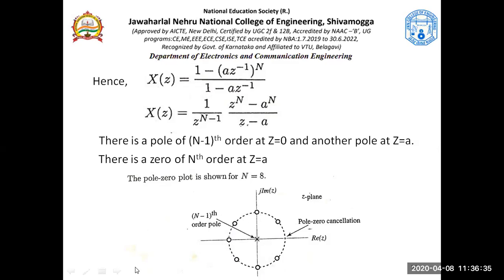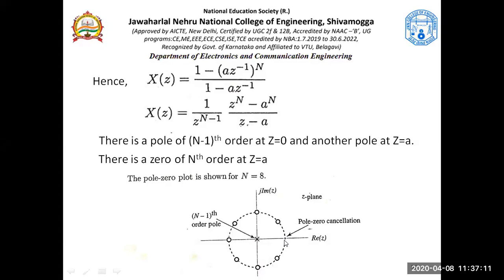So what you have to do, you have to start marking the zeros. 1 2 3 4 5 6 7, but the 8th zero should have been there. Capital N number of zeros is supposed to be 8, but we have marked 7 zeros. Another zero should have come here, and in the same place we have a pole also at z equal to a. At z equal to a we again have a zero.